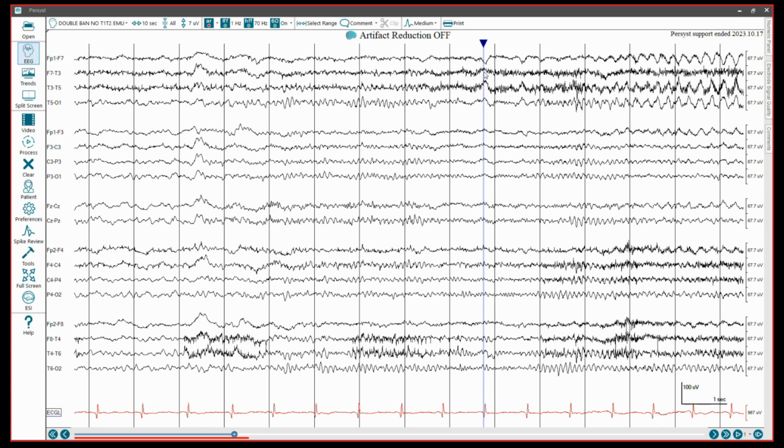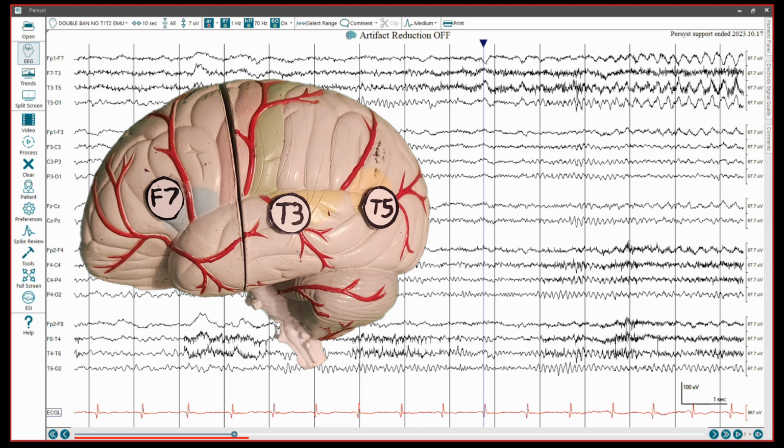And we can see that this one is left frontotemporal. Now, very important note, the F7 electrode and the F8 electrode are actually not over the frontal lobe. They are not representative of frontal activity, so it's kind of a misnomer.